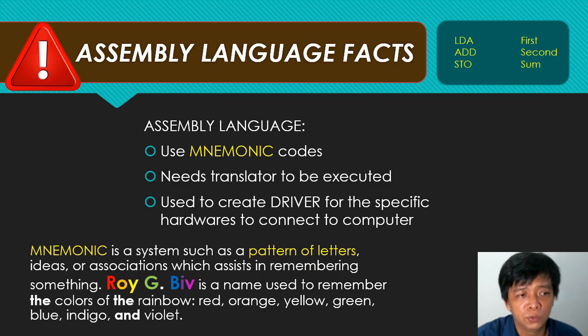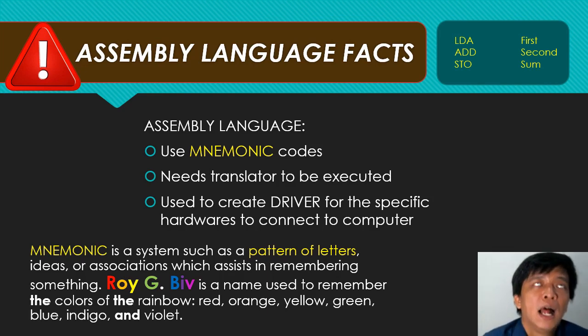This one too. The assembly language: LDA, load the first number, add the second number, store the sum of the first and the second number. Okay. The second fact about the assembly language is it needs a translator to be executed.